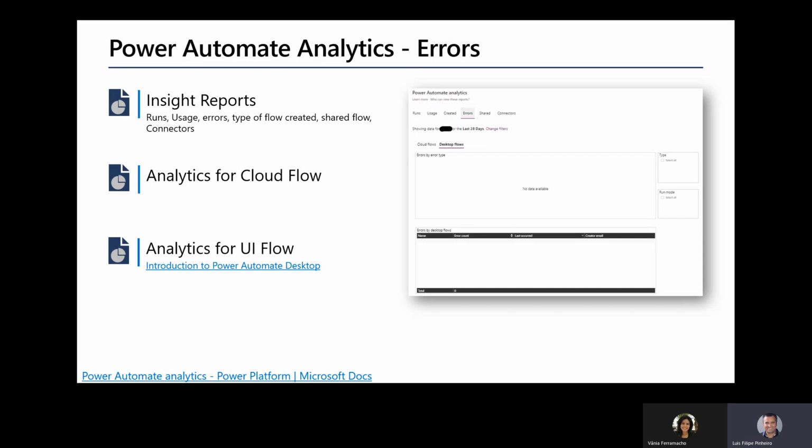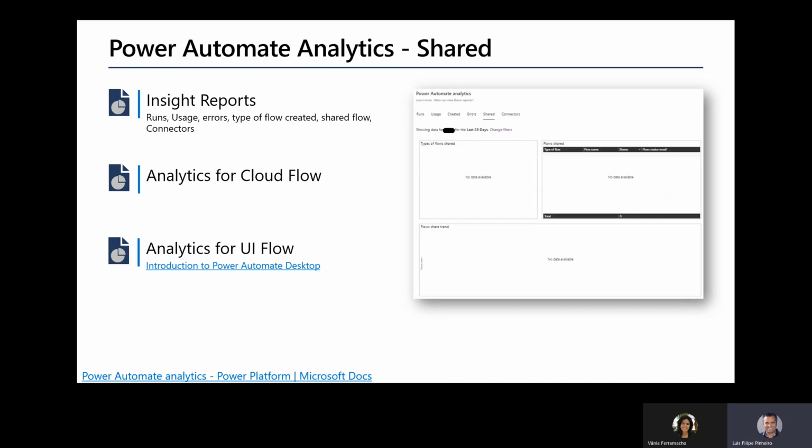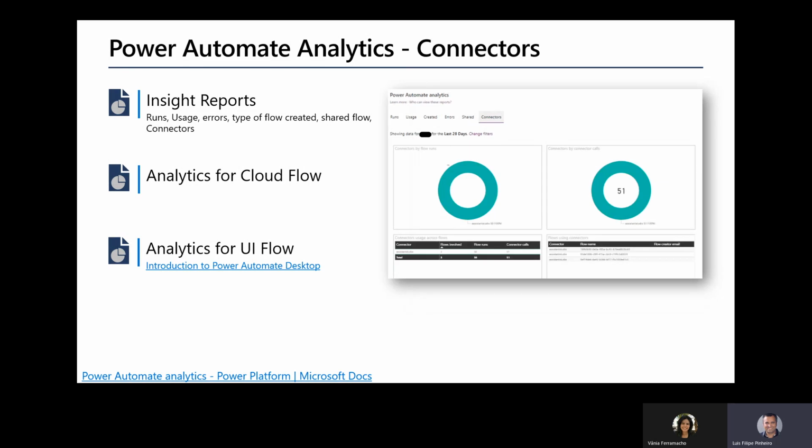And moving forward, we go to the shared report, which provides details about the flows shared and the trend in the environment. To finally go to the connectors, which is also a very important report, which provides details on connectors and their associated flows.